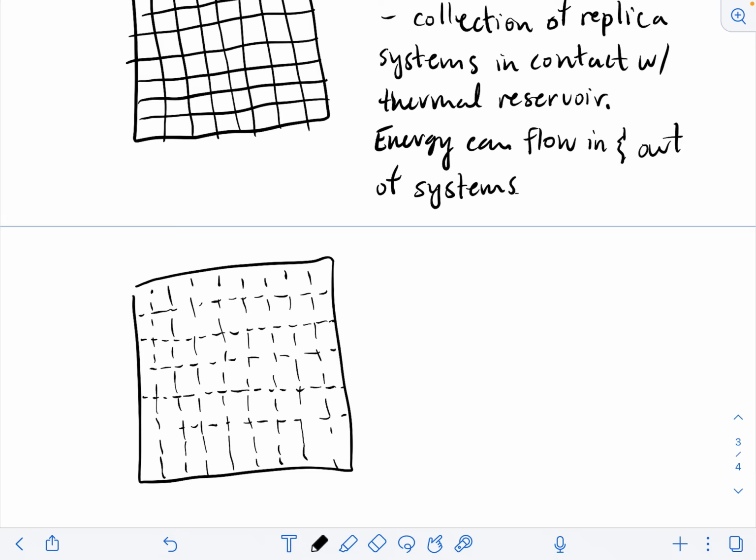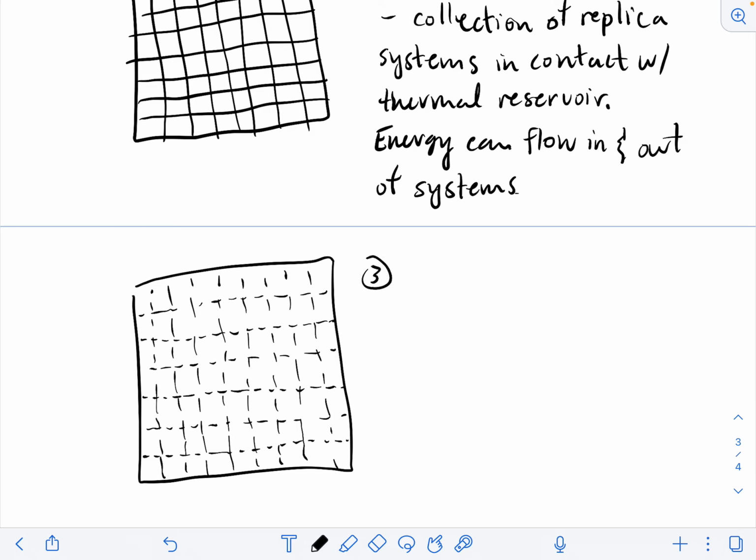If we're thinking of one individual system, say system A, then all the other systems form the reservoir for this individual system, and we can add or take energy from this reservoir without significantly changing its temperature, or we can add or remove particles from this reservoir without significantly changing its chemical potential.